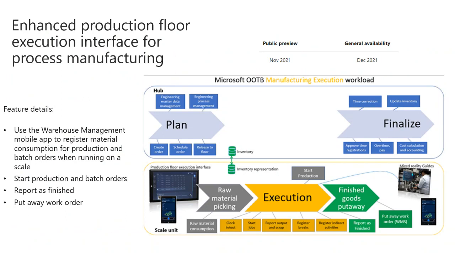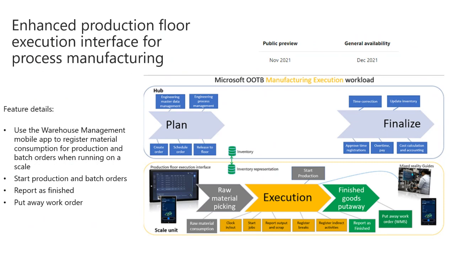The same goes for the production floor execution interface. If you think about it more in a manufacturing environment, not so much warehouse processing, you have the same. You create the production orders from your hub environment, but once it's released to the floor, you can do all your raw material picking and all your execution functions for the workers: clocking in and out, starting of jobs and so on, until the product is finished and you can report it as finished.